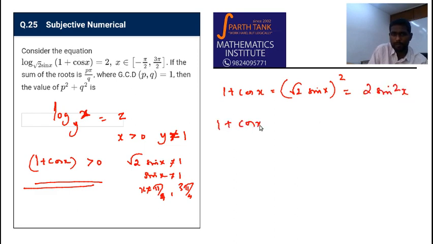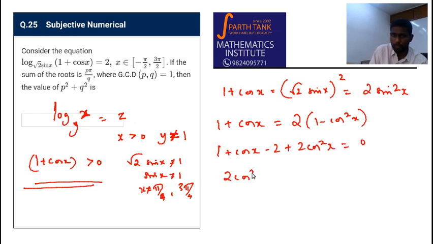This can be written as 1 plus cos x is 2 into 1 minus cos squared x, or this can be written as 1 plus cos x minus 2 plus 2 cos square x is 0, or 2 cos squared x plus cos x minus 1 is 0.